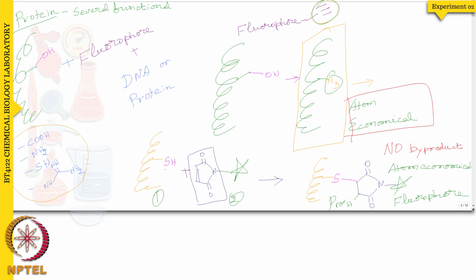Apart from this, making triazoles is also advantageous in medicinal chemistry. So, people like to explore synthesizing various triazoles. This is one of the easiest ways of doing the reaction.